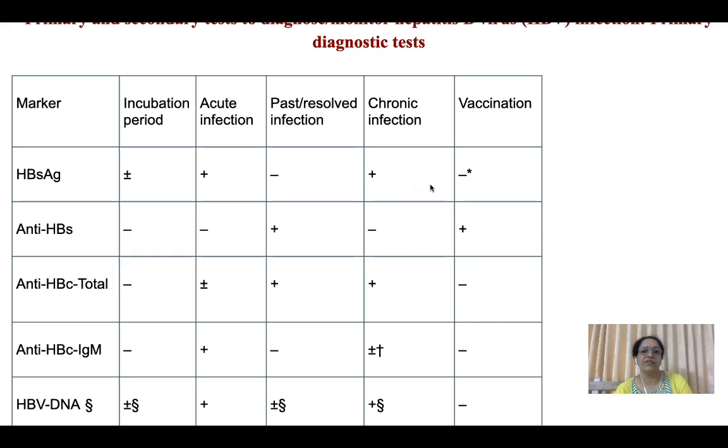And in case of vaccination, again, depending upon the condition of the patient, their immunological status, you can see presence of HBs antigen in the immediate or early stages of vaccination.